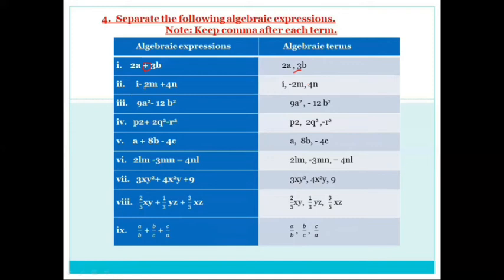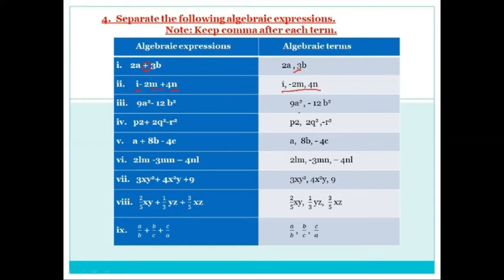And dear students, here I will keep the comma after each term. After minus 2m, I keep the comma here. And after 2m, I also keep the comma here. Dear students, here in the third part, I have 9a square minus 12b square.